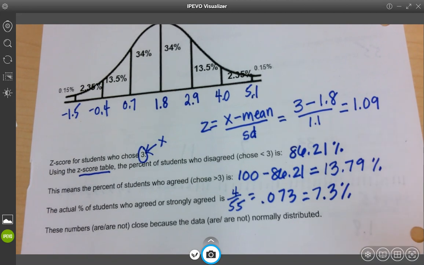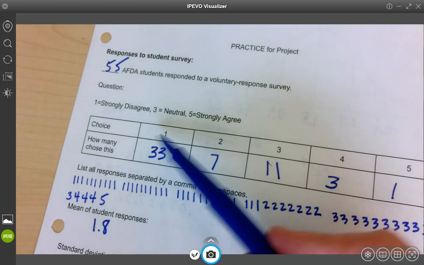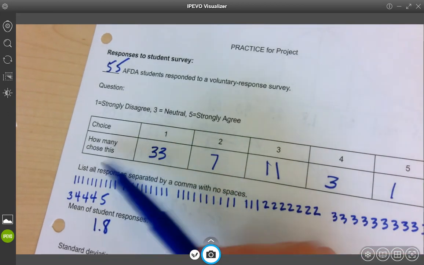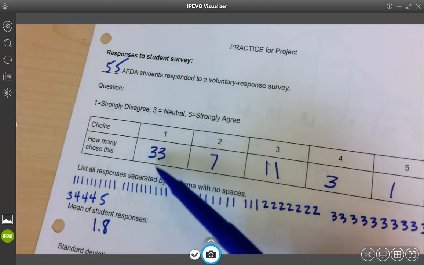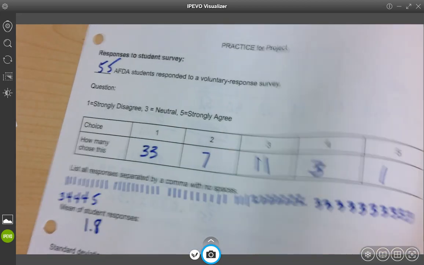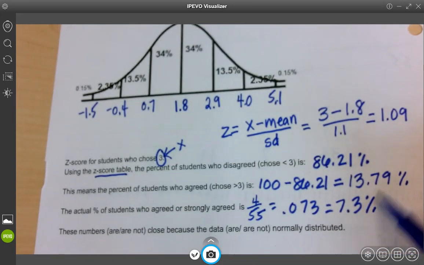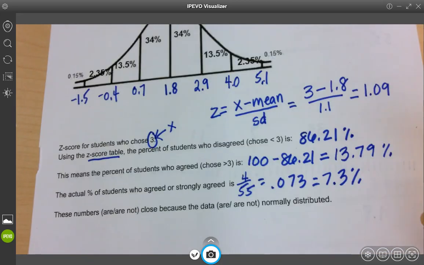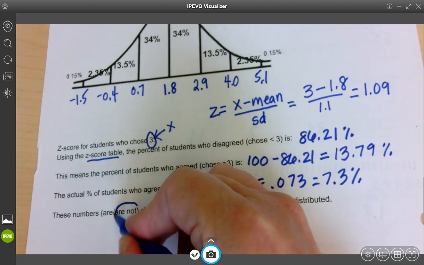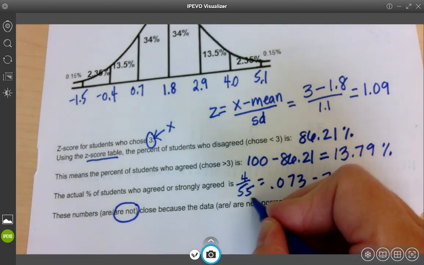And I also already knew that the data were not normally distributed just by looking at them, because it doesn't have a peak in the middle and then going down on each side. It has a peak here and then another peak here. It didn't look normally distributed to me. So because I knew already it wasn't normally distributed, and I didn't feel these numbers were that close together, I said that they're not close. And that means that they're not normally distributed.